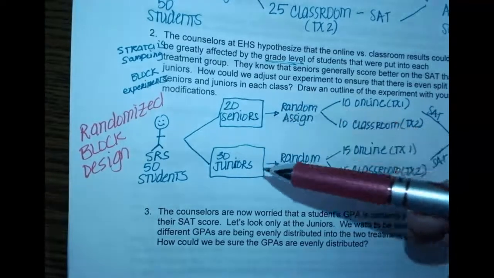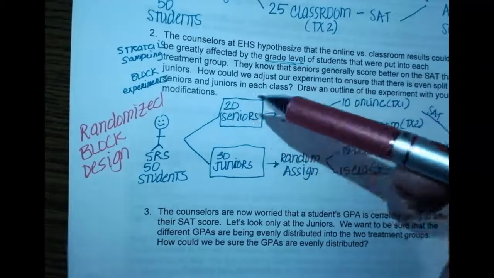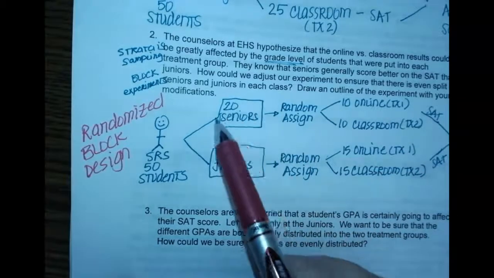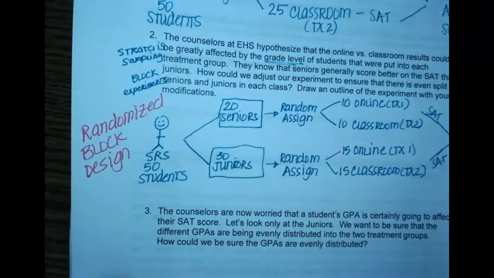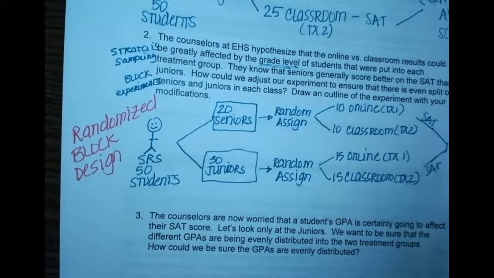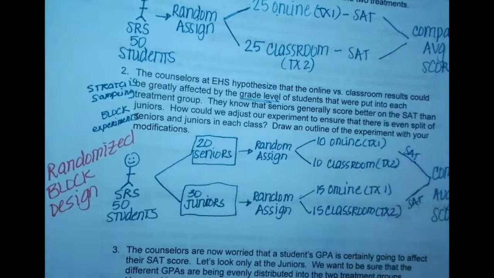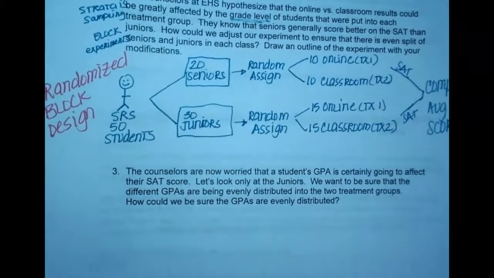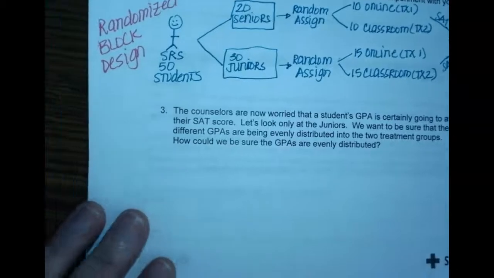You can't randomly do it. That's the whole point of this, is we want the seniors together, we want the juniors together. Then once you have your group, then you're going to random assign out of that, just like we did up in the randomized design.